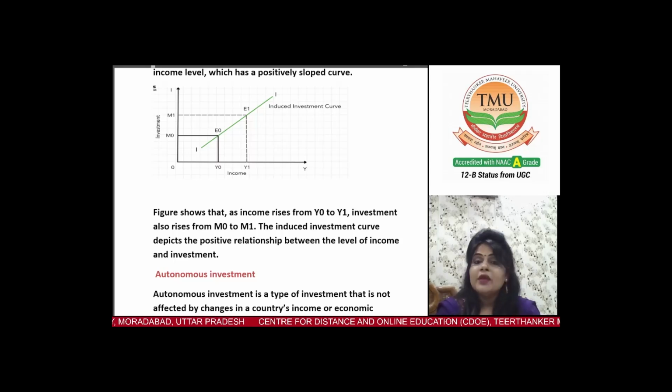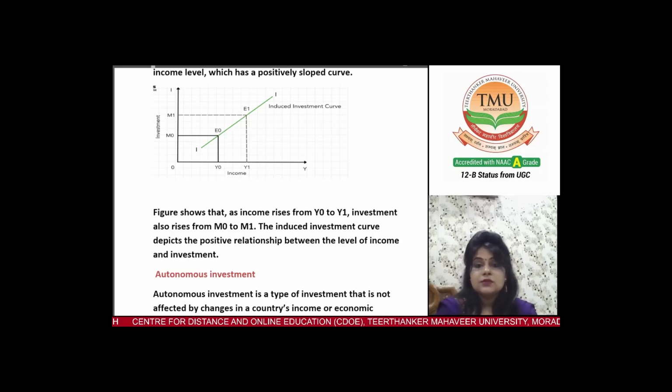It rises when income increases and falls when income decreases. This type of investment is directly influenced by the economic environment and consumer demand, thereby making it income dependent.